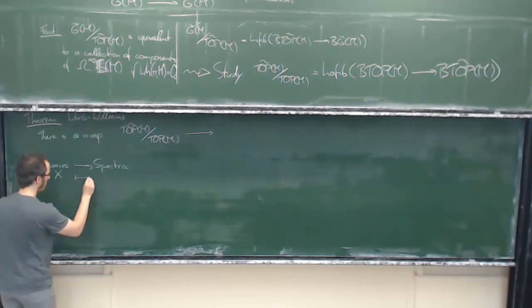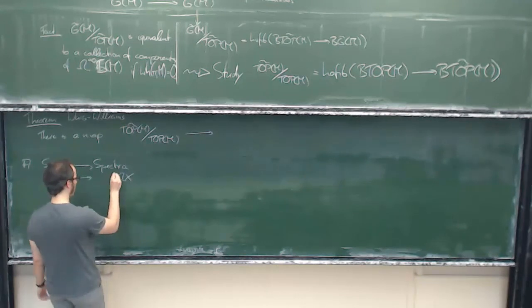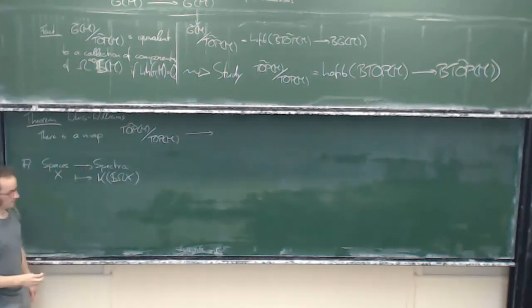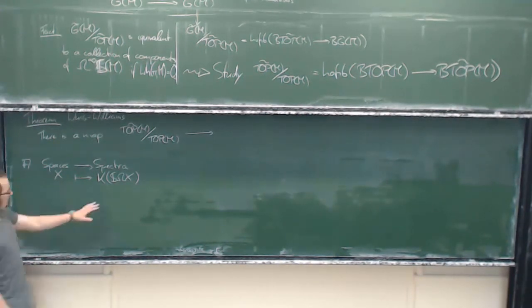Take a space X, and now take the loop group of X, take its spherical group ring, and then apply algebraic K-theory. So this is now not the K-theory of a traditional discrete ring, but it's the K-theory of a certain associative ring spectrum.